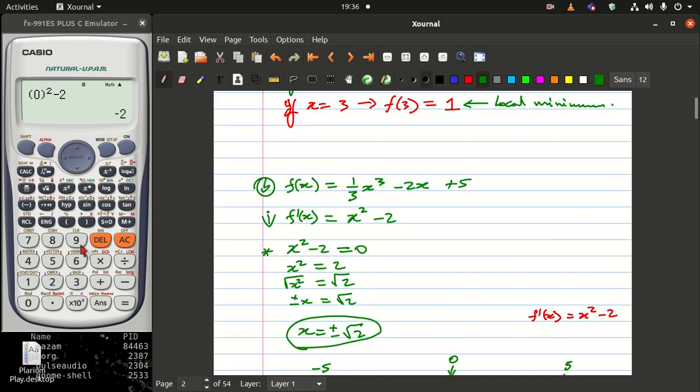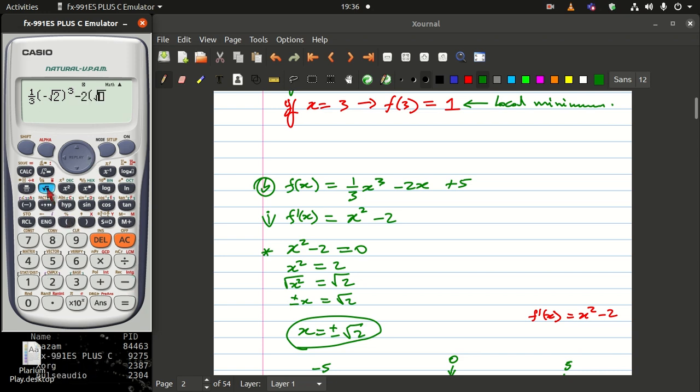The original function was this, so we had 1 divided by 3, and then of course you have minus square root 2, and this whole thing you want to give a cube, so we give it a cube, and then after that we say minus 2 times x, which is square root of 2, and we wanted to have a negative there.